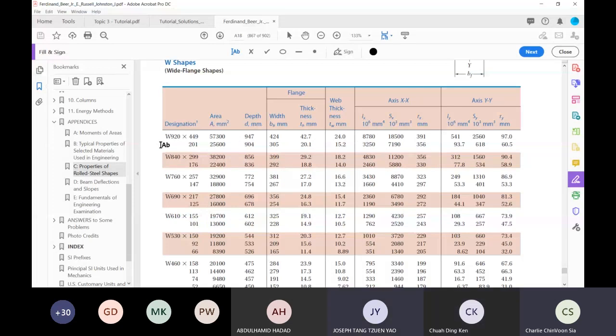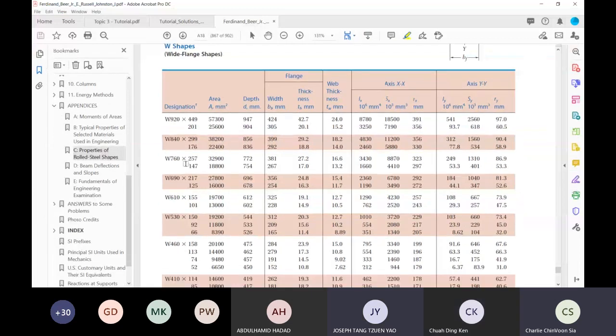For example, if you look at W920 multiplied by 449, the I value that you take, just refer to the x-axis. So the Ix value, this one, is 780 times 10 power of 6 millimeter. The unit is millimeter power of 4.